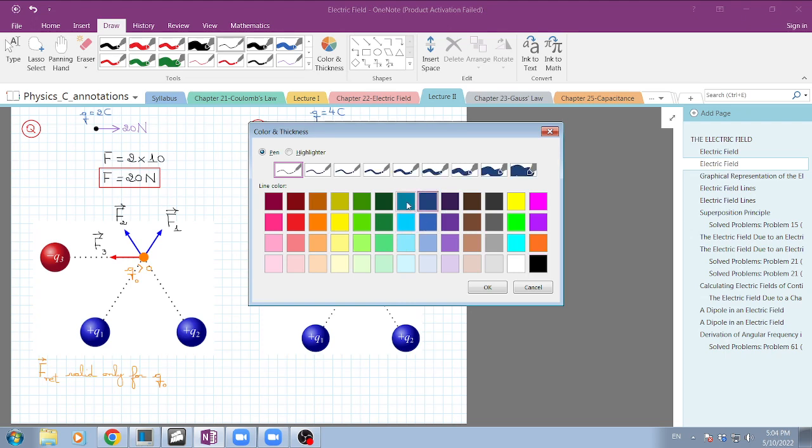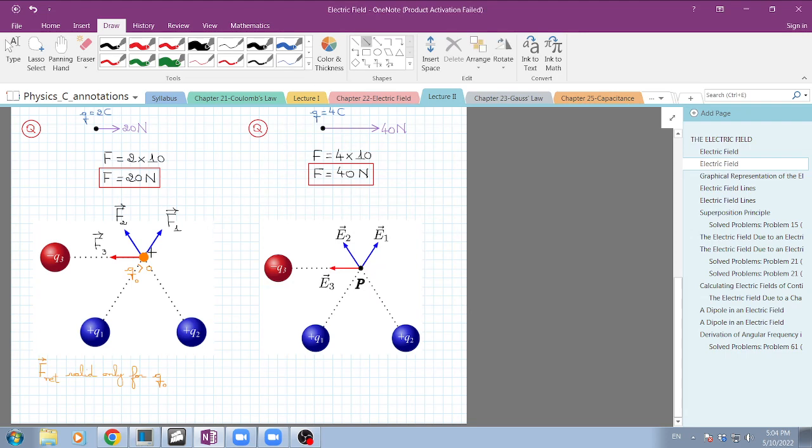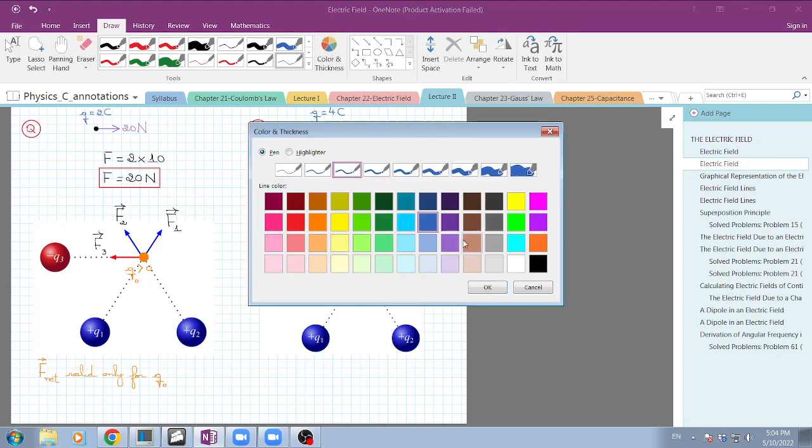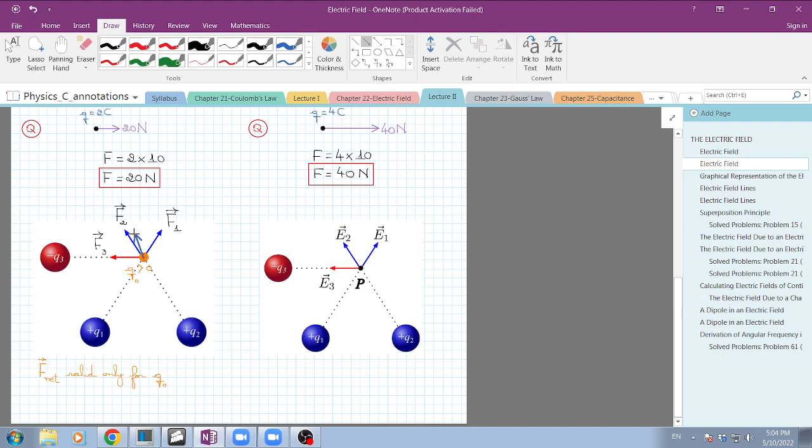But what is the main problem here? We can do this geometrically. You can solve this graphically.